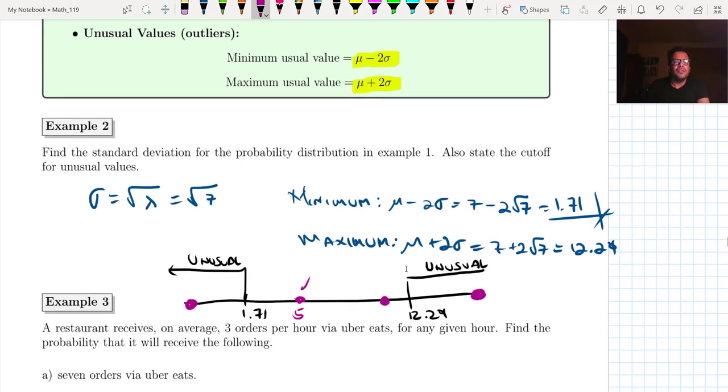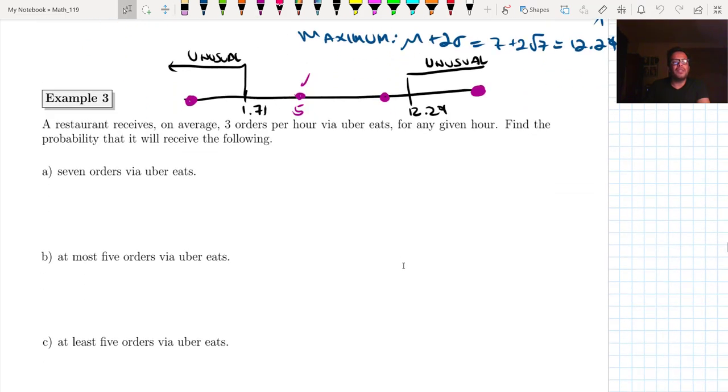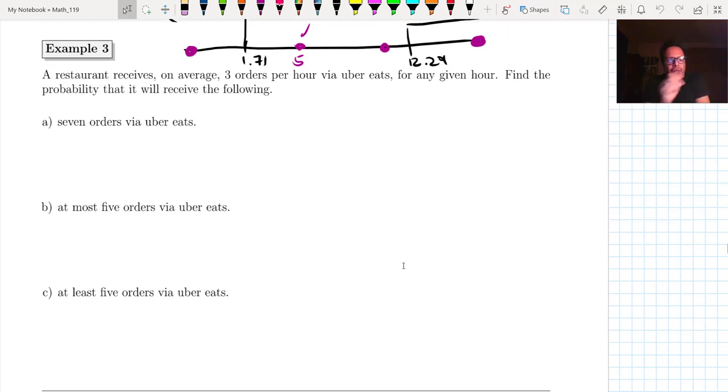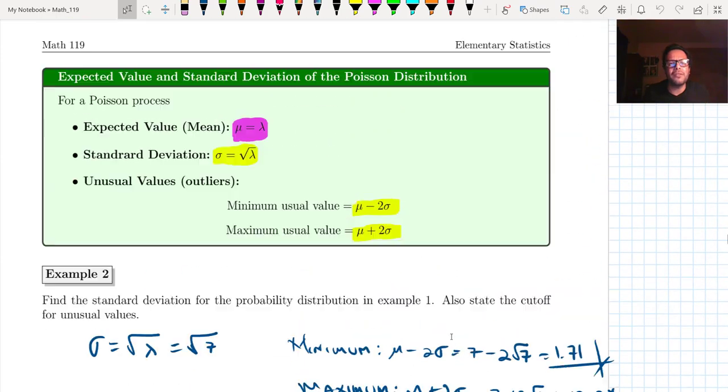Let's look at another example, but in this case I'll show you how to do it using the graphing calculator. A restaurant receives on average 3 orders per hour via Uber Eats. Find the probability that the restaurant will receive each of the following. Let's compare and contrast this with the binomial distribution, going back to the properties.